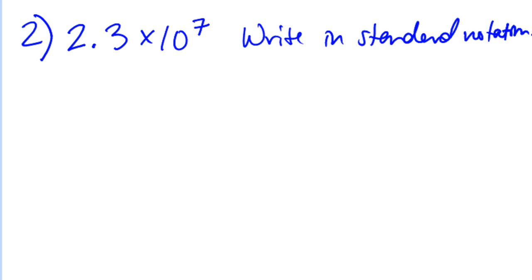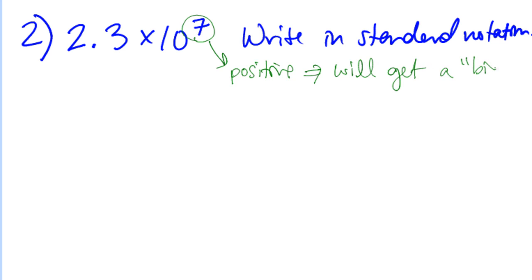We know that since the exponent is positive, that tells us that the number we should end up with is a big number. When I say big, I mean a number greater than 1, something that's not a small decimal, right?